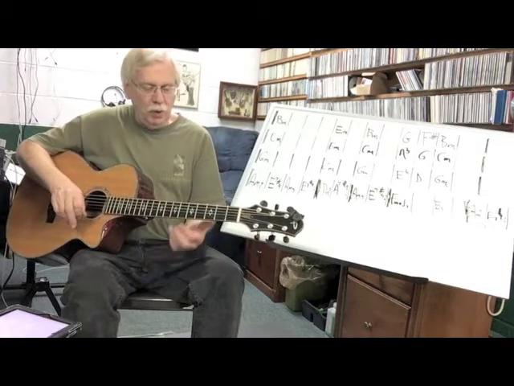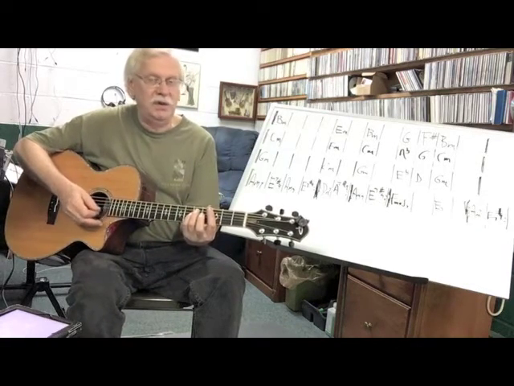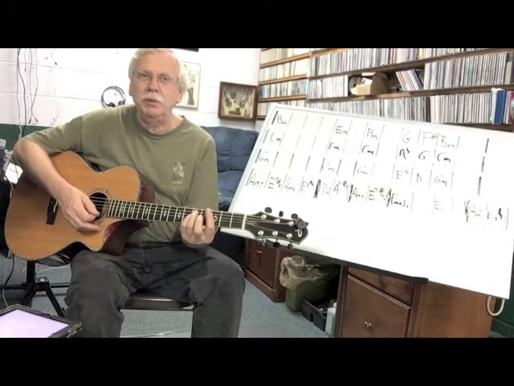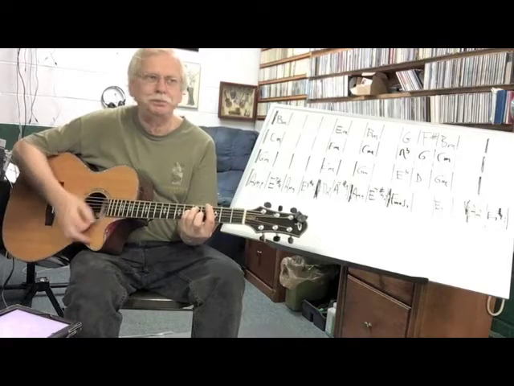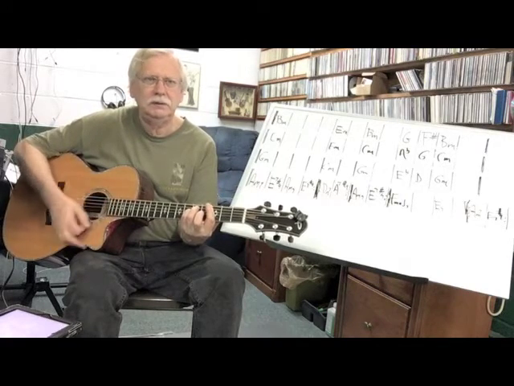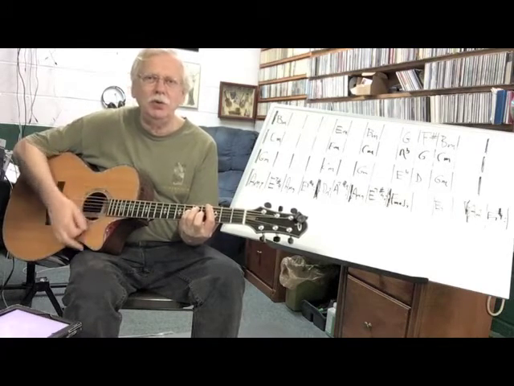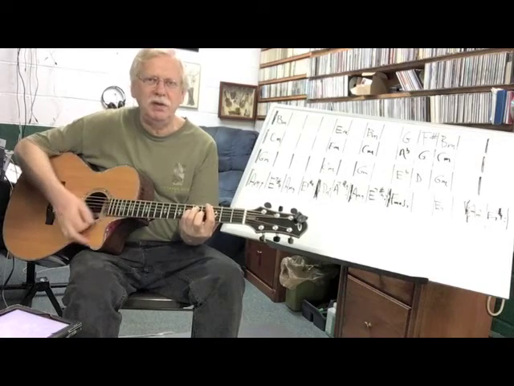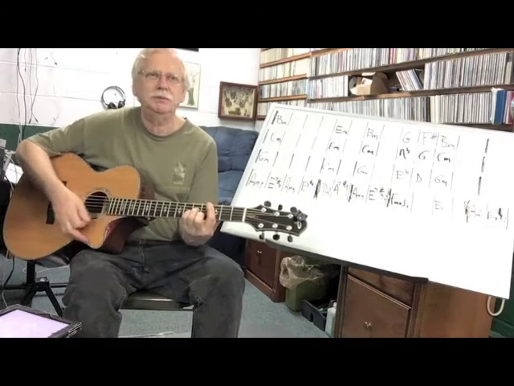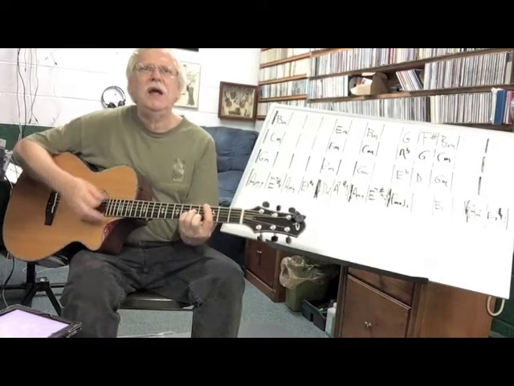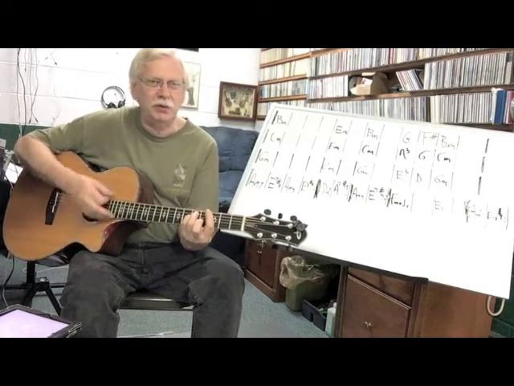So let's go using G minor as an example. I'm going to play a minor blues. It would be 4 measures of G minor. Then I'm going to go to the 4 chord, which would be C minor, for 2 measures, and then back to the 1 chord for 2 measures.